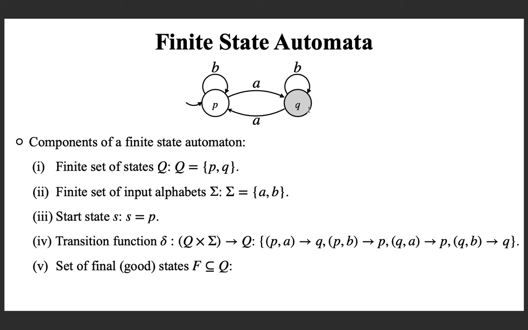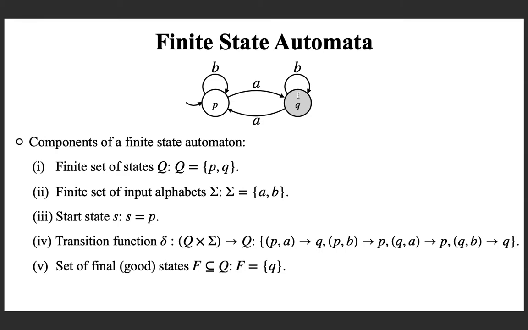is a subset of states known as final states or accepting states. It is a subset of states, and in the given example state Q is final. It could be any subset. So in the figure it is shown by a shaded circle.